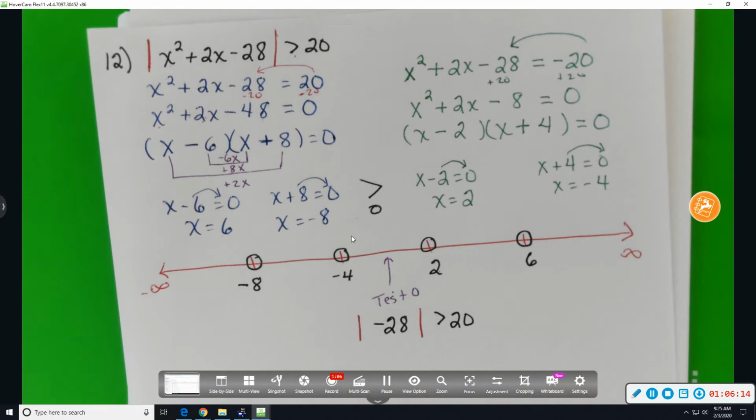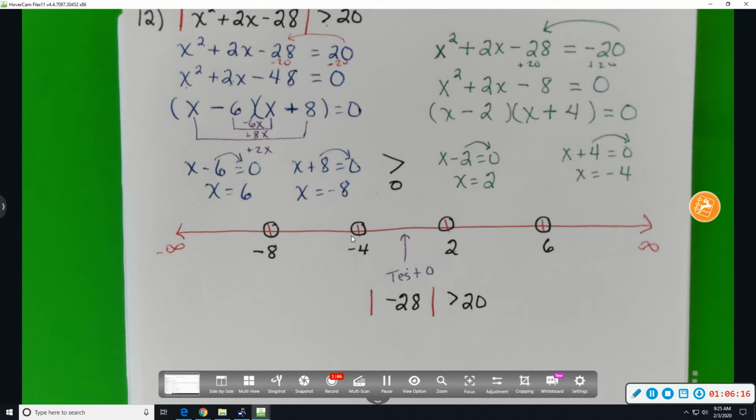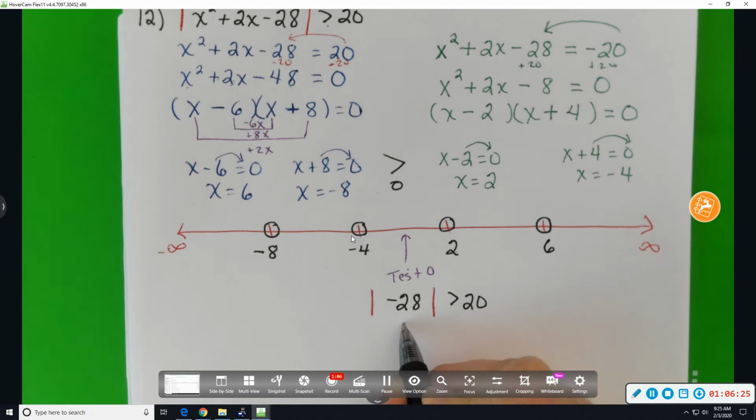Now before you decide between true or false, you have to actually take the absolute value. The absolute value of negative 28 is positive 28. Once I've taken that absolute value, is this a true statement or a false statement? It's true.